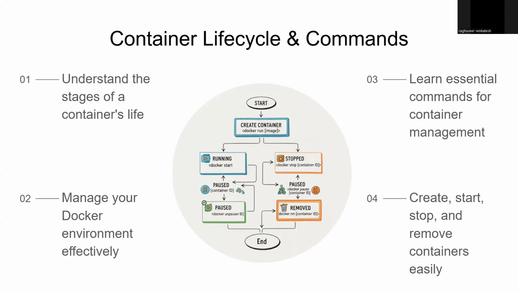If it works successfully, it will go to the running state. From the running state, depending on what the container does, if it is a database image, it keeps running constantly. But if it is a program that does something and then has to exit, it will go to the stopped state.